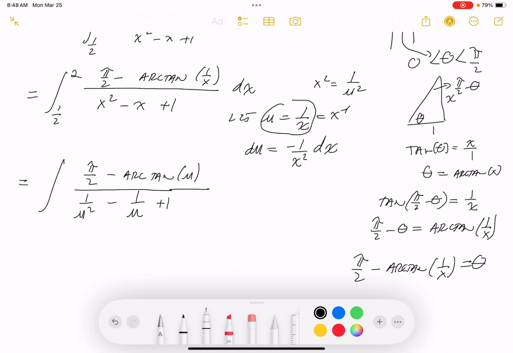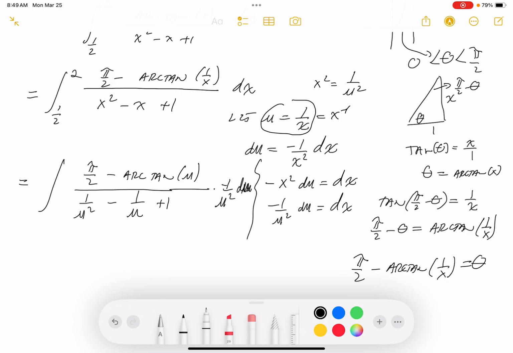And then dx is going to be minus x squared du is equal to dx. Let's write that down. So minus x squared is going to be minus 1 over u squared du is equal to dx. I can write that down times minus 1 over u squared. This looks like it might be getting more complicated. But let's play around with it a little bit.